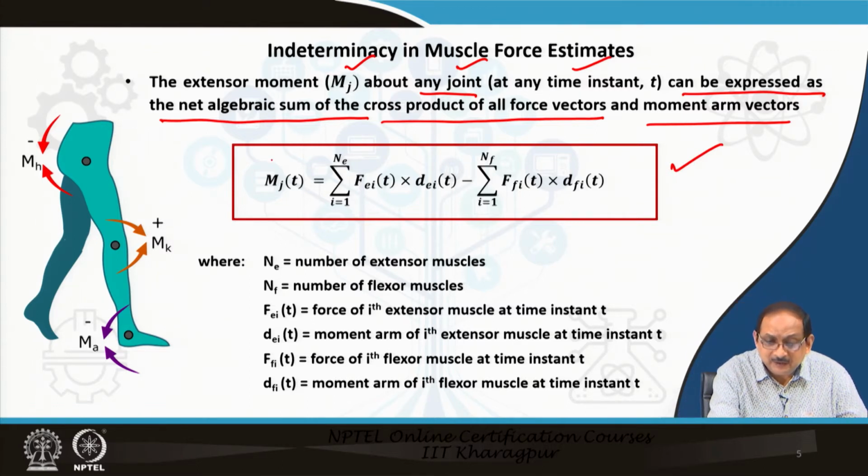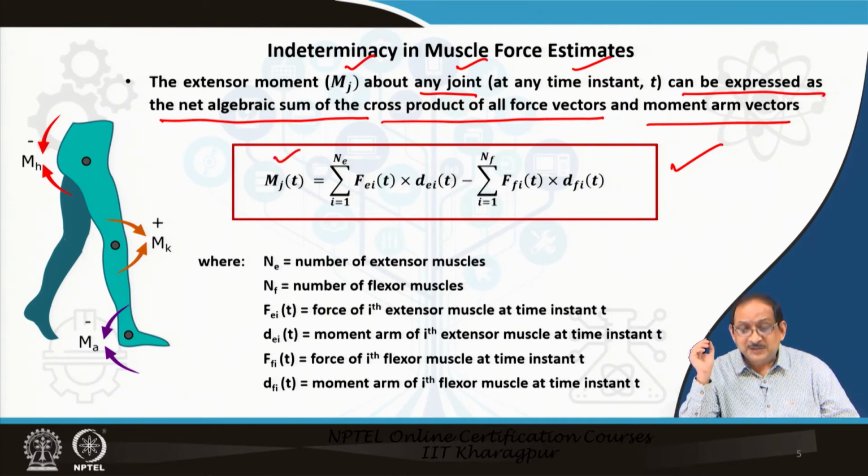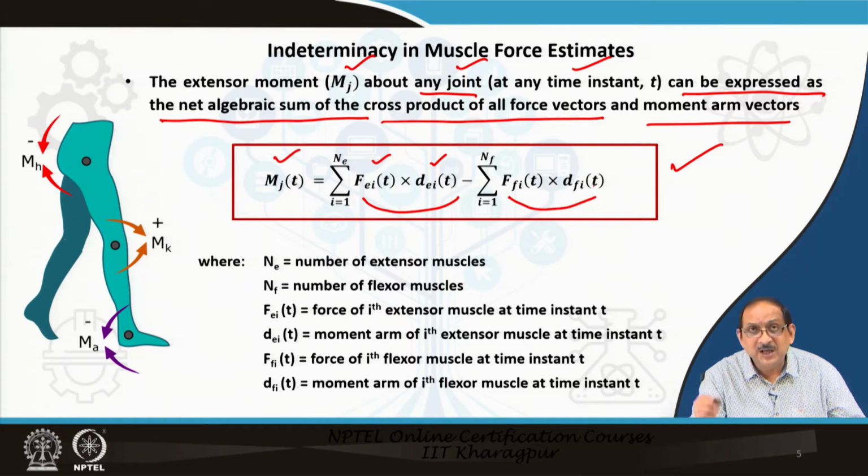So, we can write down the extensor moment Mj equal to the force vector cross product with the moment arm of the extensor muscles, and the other part is the same cross product of the flexor muscles with the moment arm of the flexor muscles.